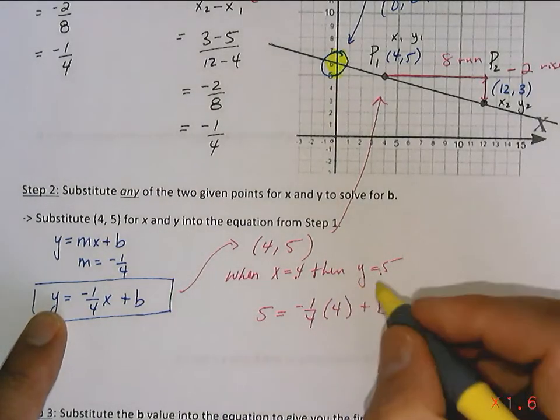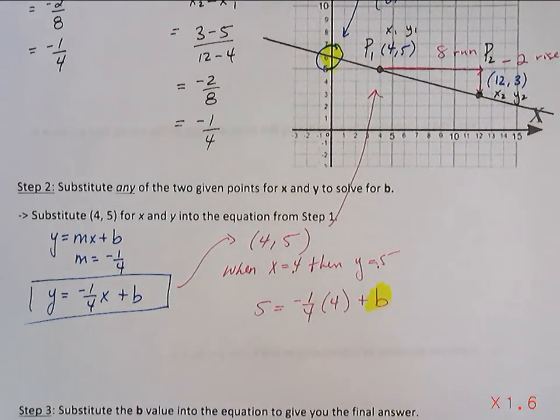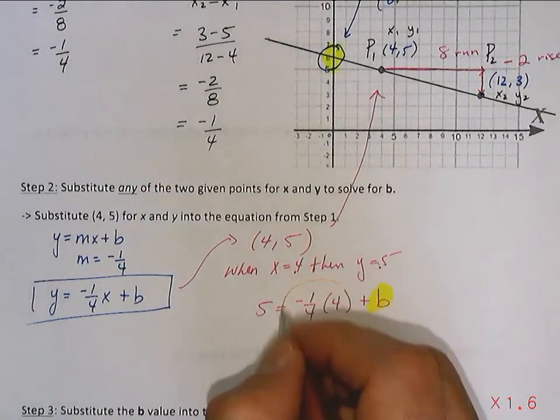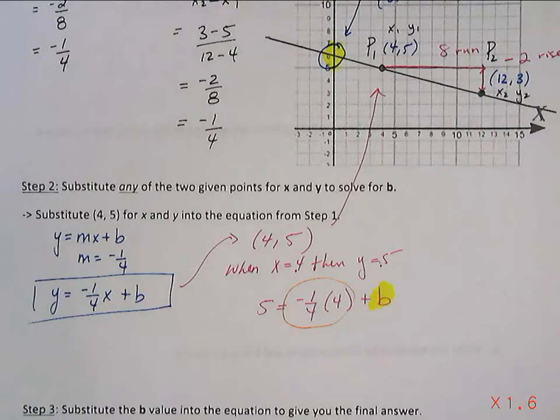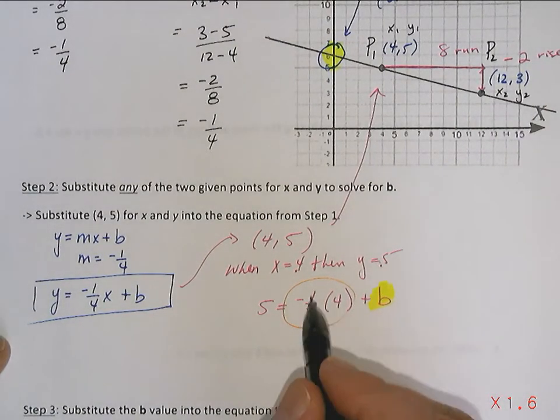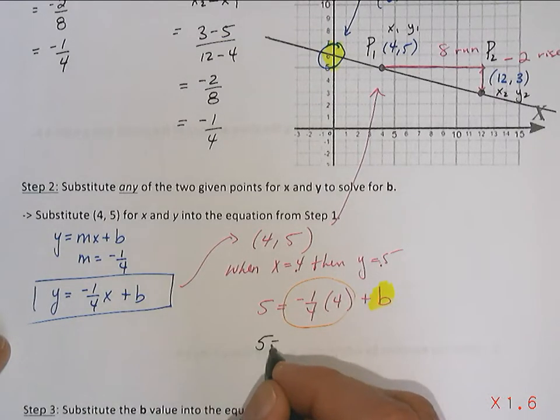And notice what you've done. You've created a simple 2-step or maybe 3-step equation to solve for b. What you do is we use order of operations, BEDMAS, and BEDMAS says to do the multiplication first. So negative 1/4 times 4 is going to be negative 1.